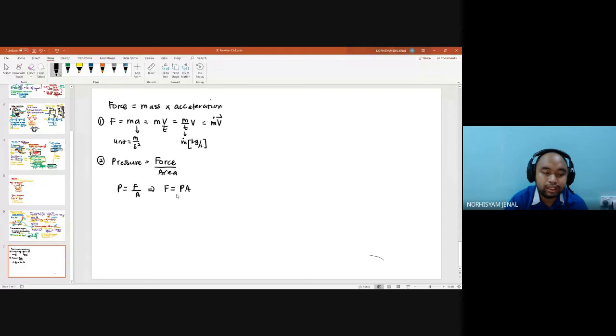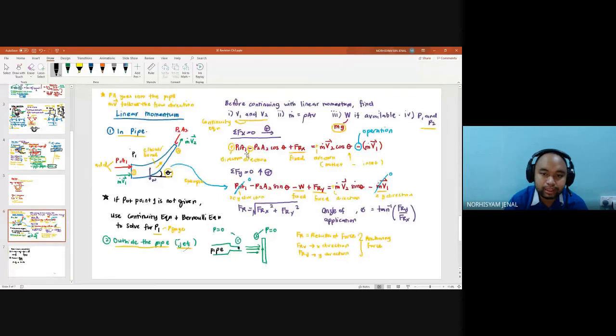Anything regarding the flow of liquid, we will talk about momentum. That's why in the calculation over here, I separate the calculation for pressure and for momentum, so that you will get the idea on how to calculate pressure and momentum separately. So PA and m dot v represent the force coming in and out of the system.